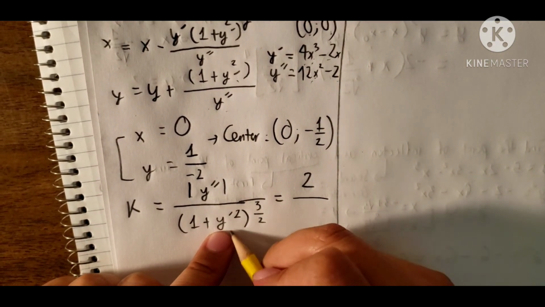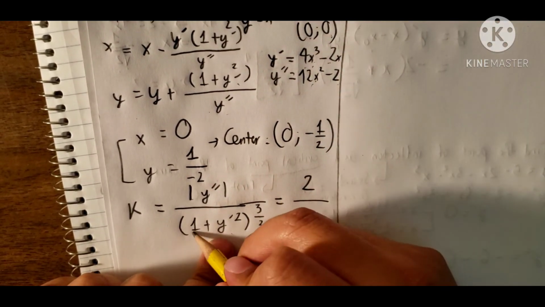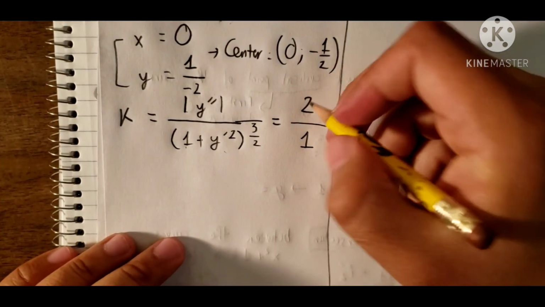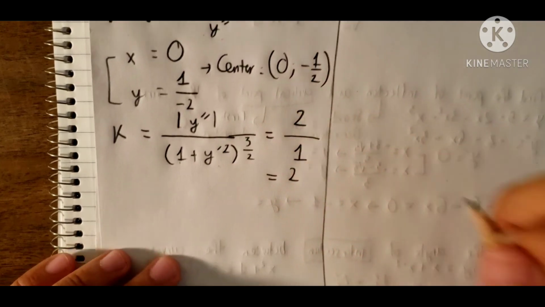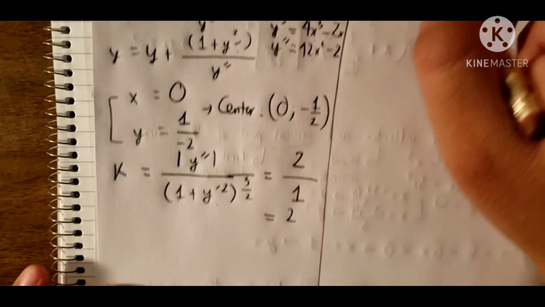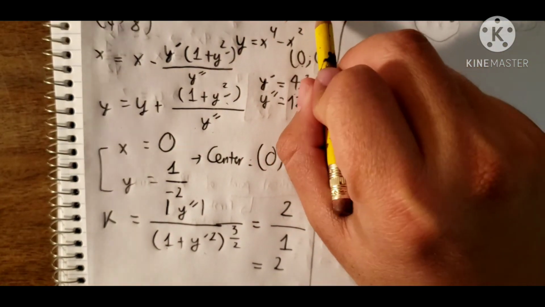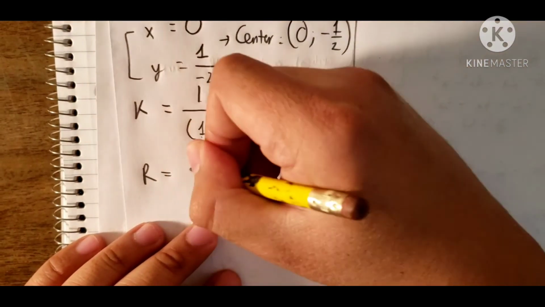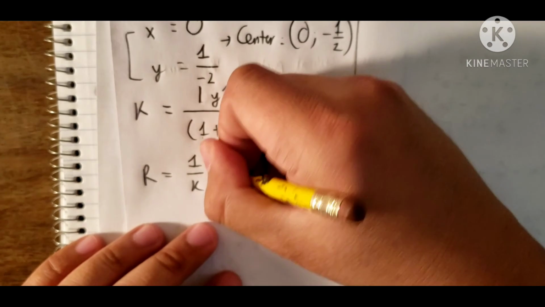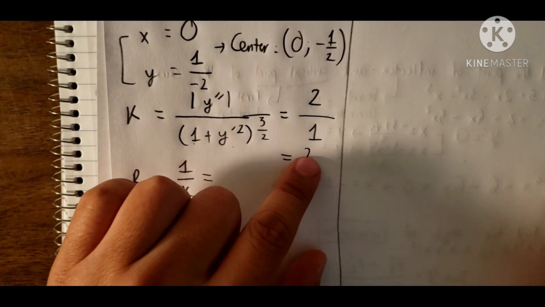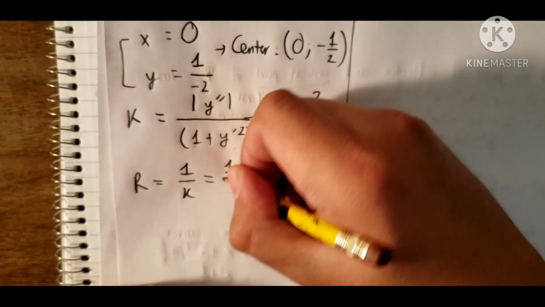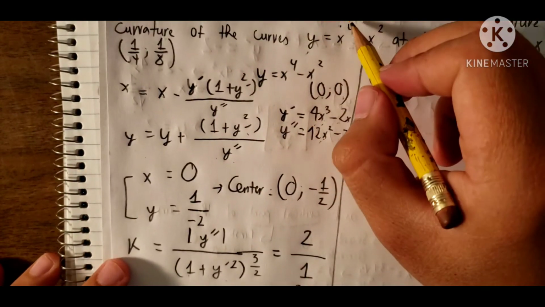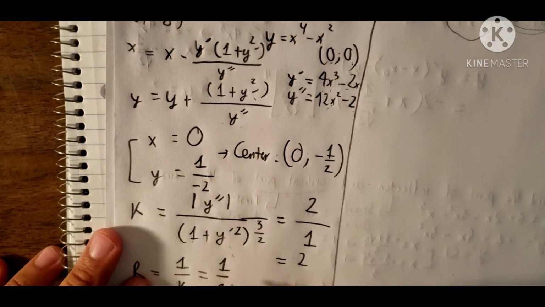In the first derivative we put 0, so we have only 1 in here. And the curvature is number 2. The radius of curvature, as they mentioned in the question, is r equal to 1 divided by k. We have k is 2, and we put 1 divided by 2. So the answer for the radius of curvature is 1 over 2.